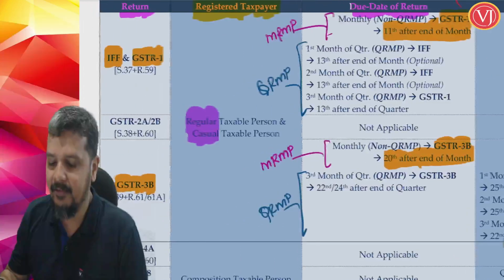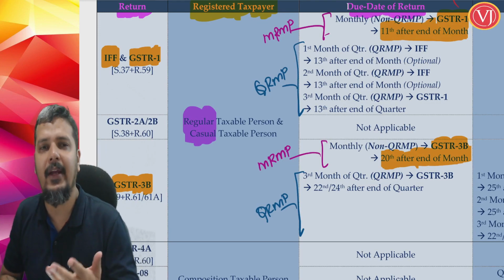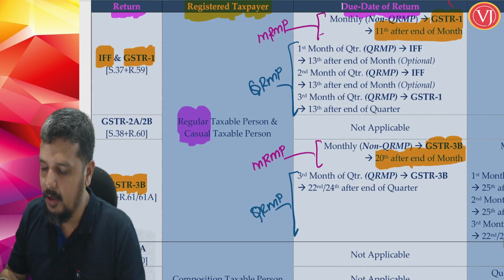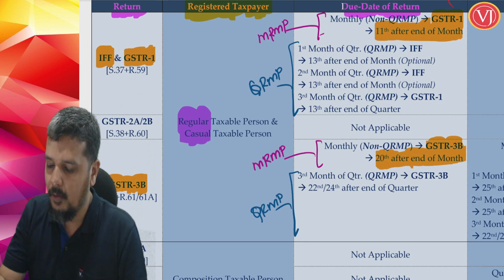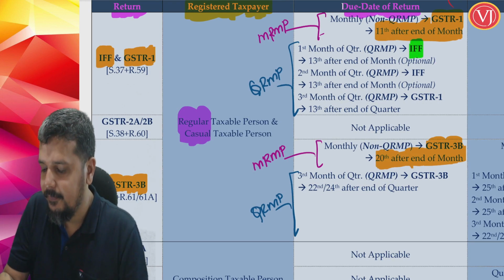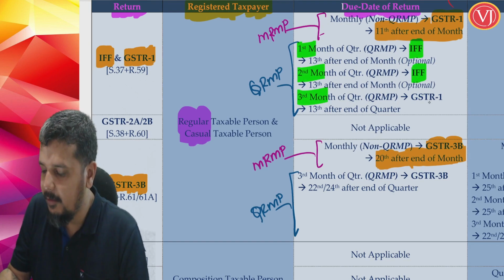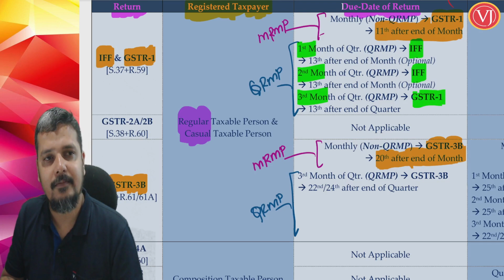Now let us first talk about your outward supplies. What will be there in GSTR 1 or IFF? It's only outward supplies. So what would be the answer for your outward supplies? First month there will be IFF. Second month there will be IFF. Only the last month there will be GSTR 1.